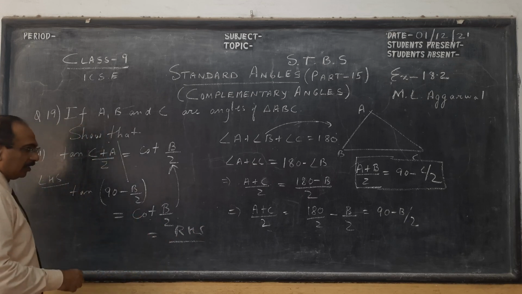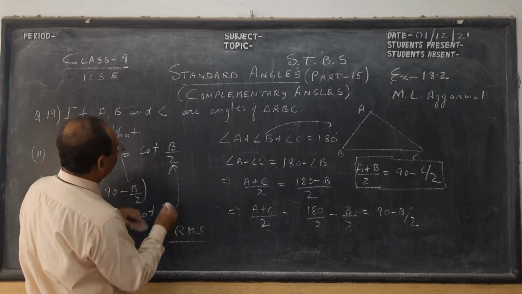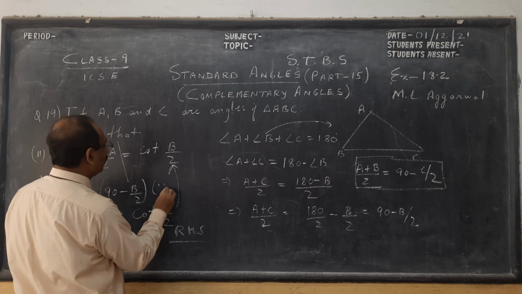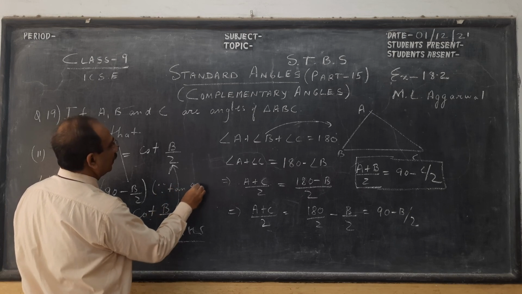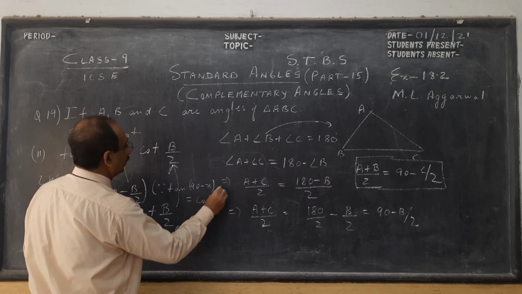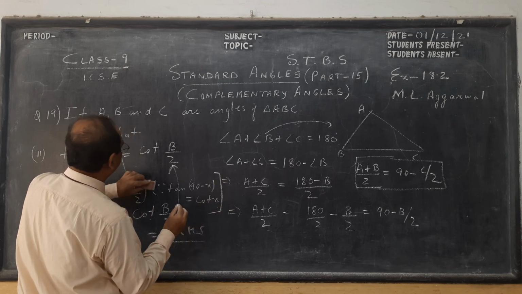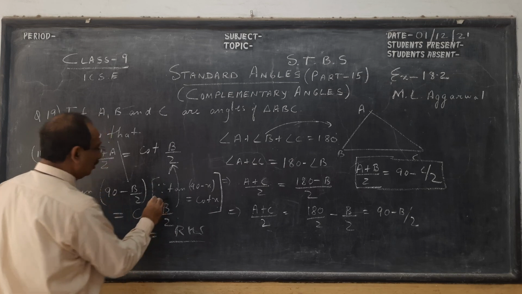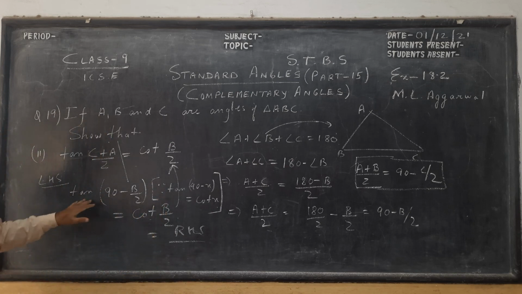So here you can write, since tan 90 minus x is cot x, you can use a big bracket here. This is what we had to prove.